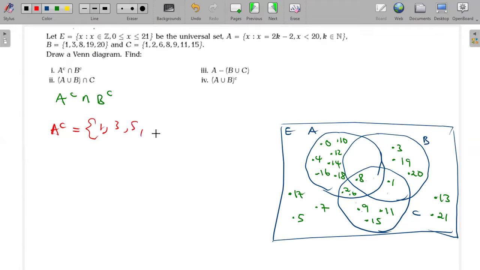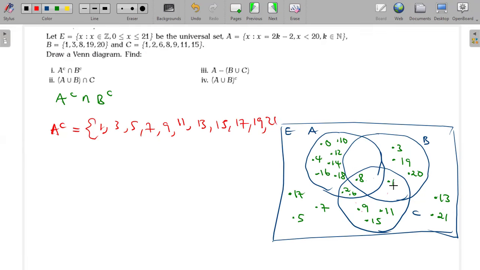You have 5 there, and then you have 7, 9, 11, then you have 13, 15, 17, and then we have 19, and then 21.